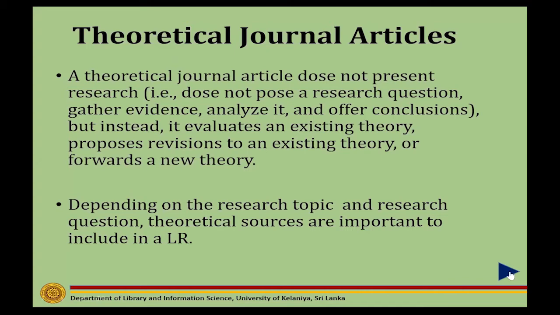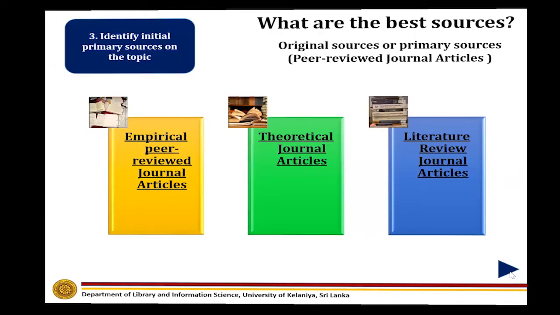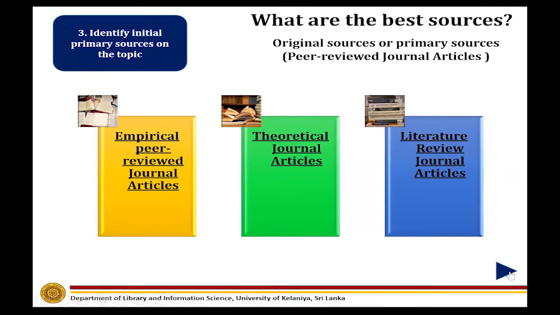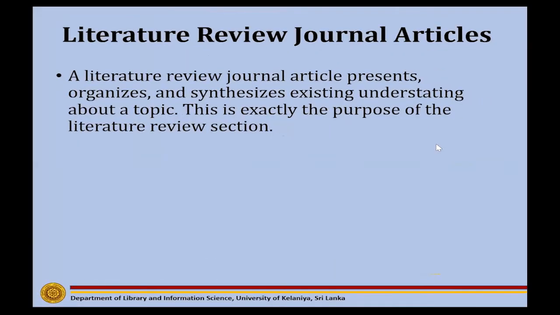And the next one is about literature review journal articles, right? The third one. So the literature review journal articles, again, different from the first and second, right? Those types of journal articles show us the process of the literature review that they have conducted.